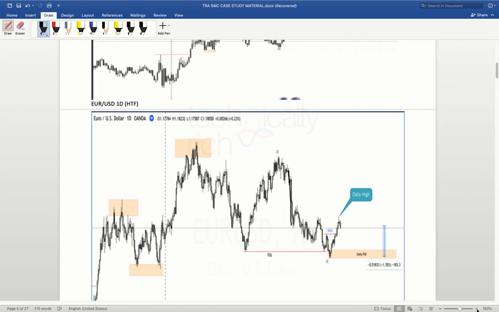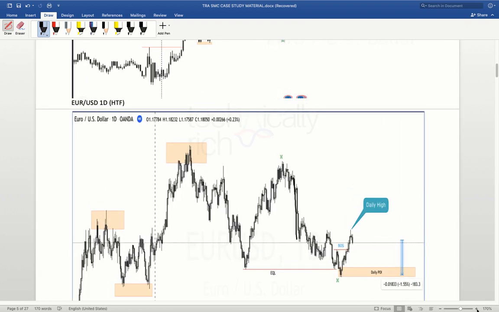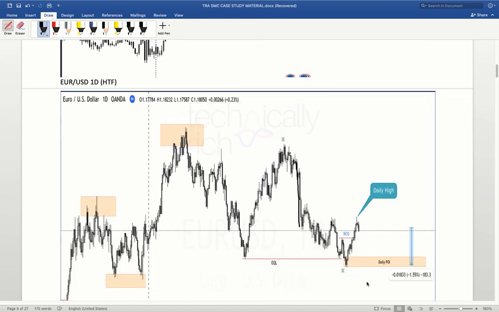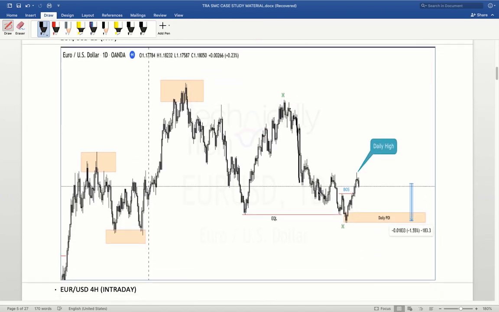So let me zoom in. All right, so now notice this, that price has been creating lower highs and lower lows. Forget about this imbalance here. Let's just focus on market structure for now.